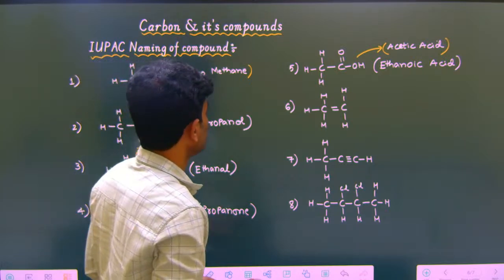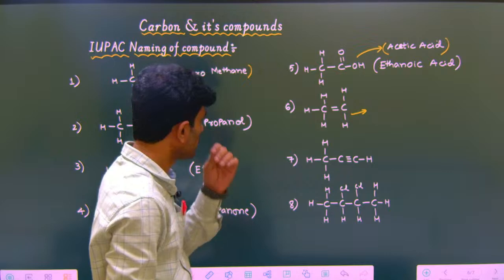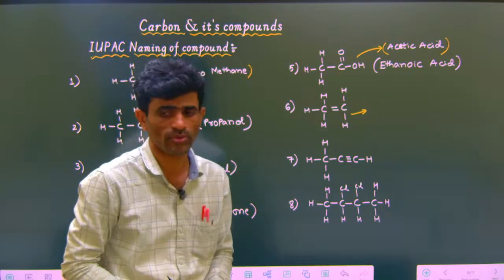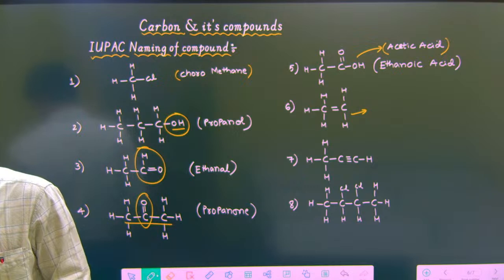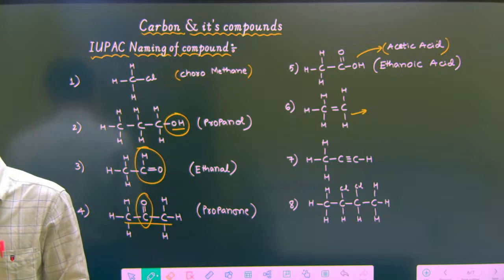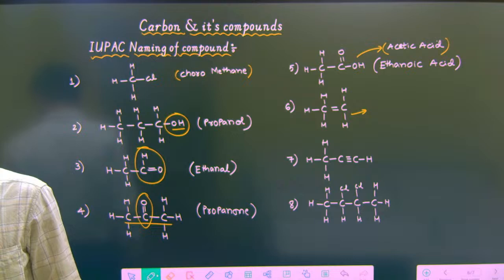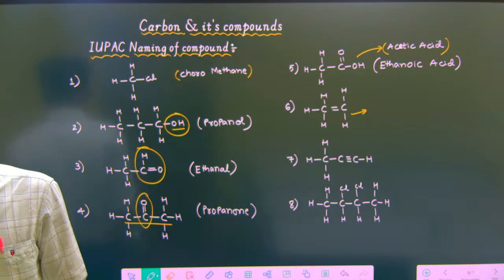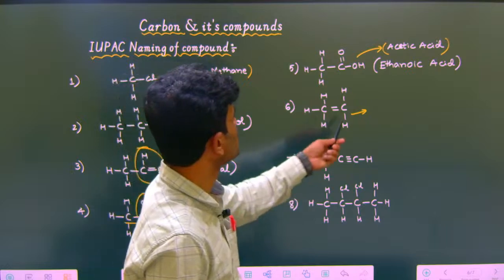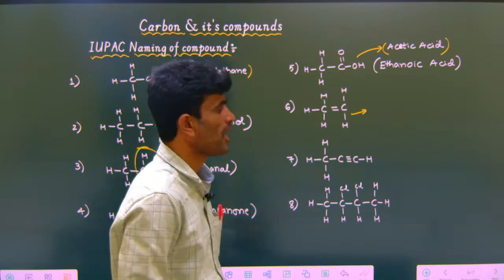Okay, that is okay. Now what is the name of the 6th one? What functional group is there in that? Alkene.